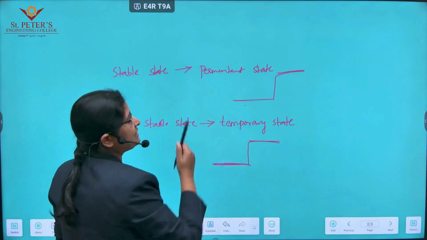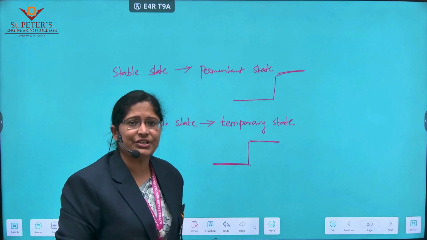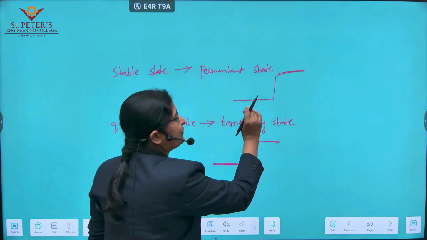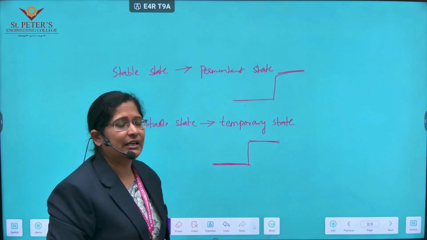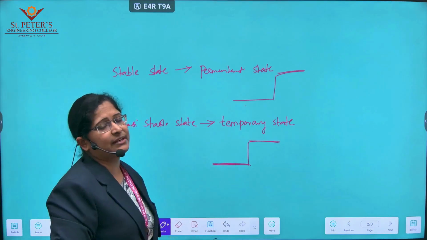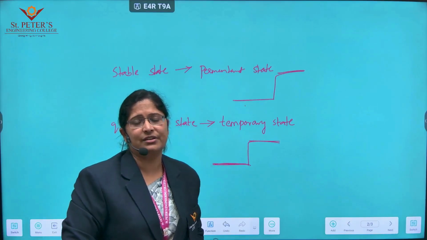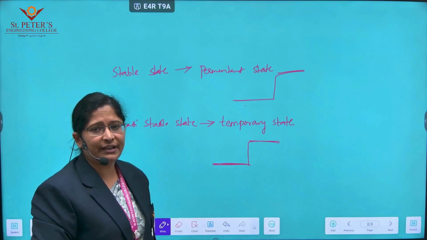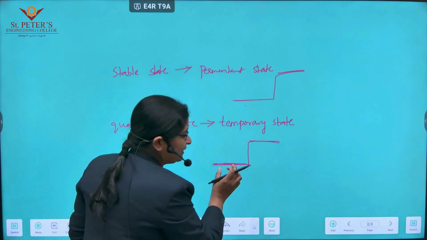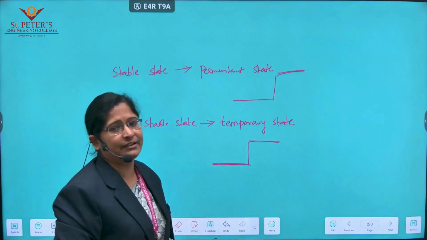So in a stable state, we need to apply external triggering to change from one level to another. And in a quasi-stable or temporary state, without applying any external triggering, after a predefined time, it automatically changes from one level to another.